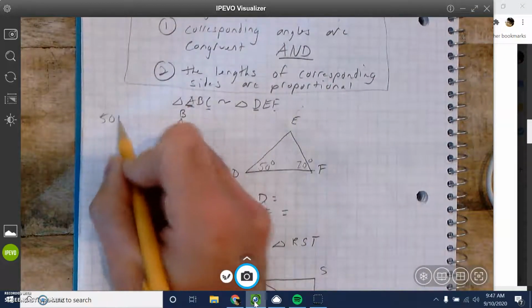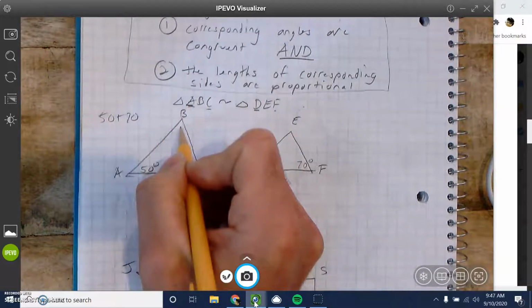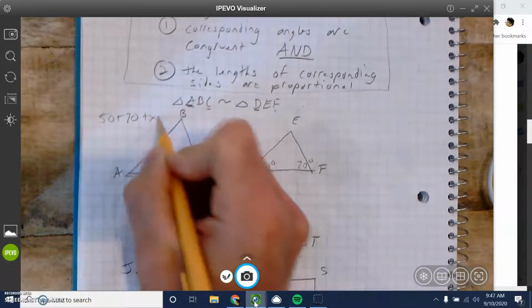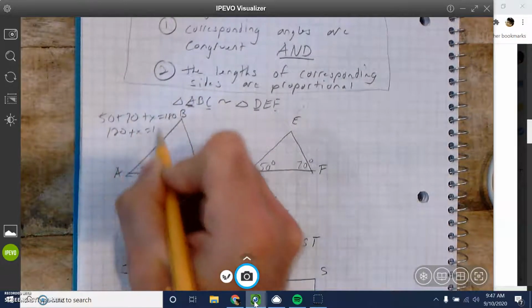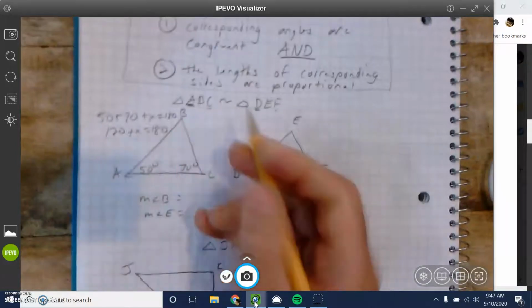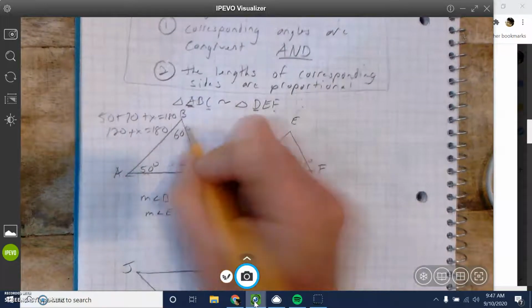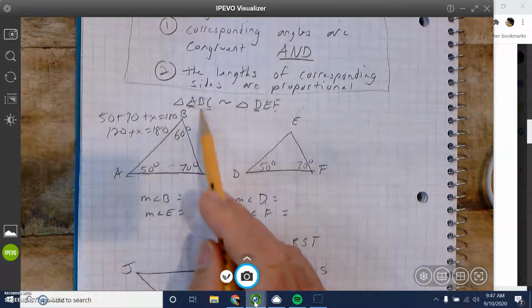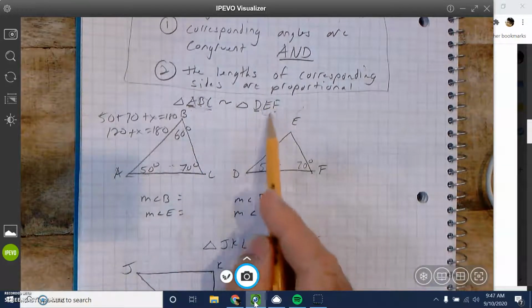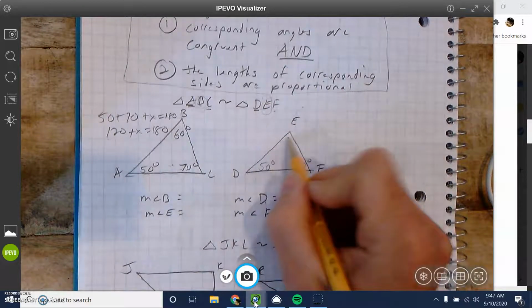So 50 plus 70 plus X equals 180, so 120 plus X equals 180. 120 plus what is 180? You can do it in your head, right? 60. So if this is 60, B is the middle angle of this statement, so then this is also 60.